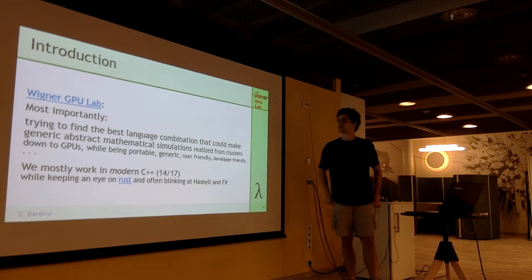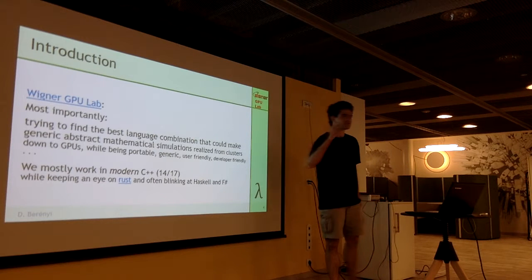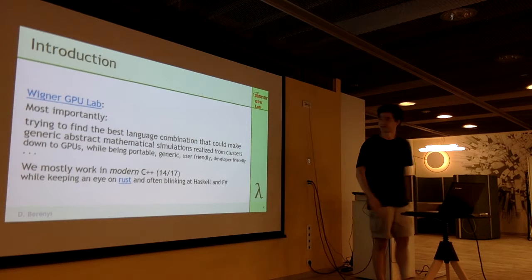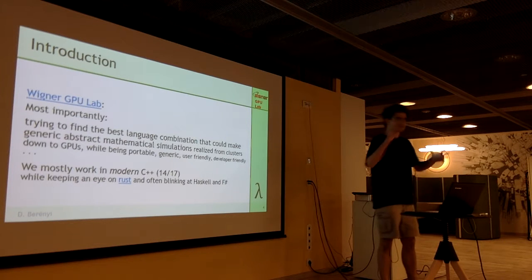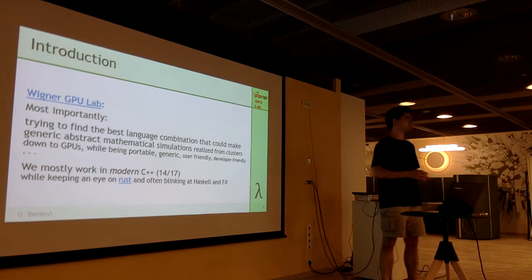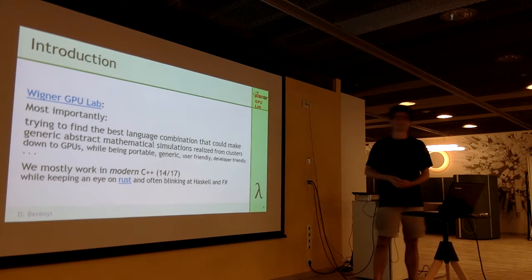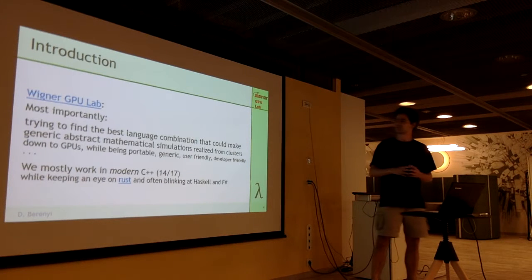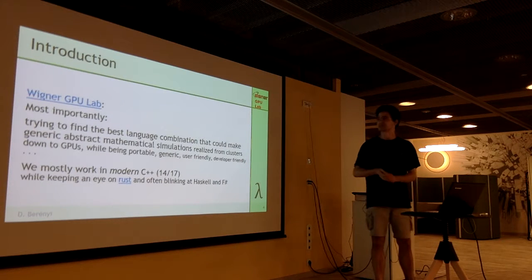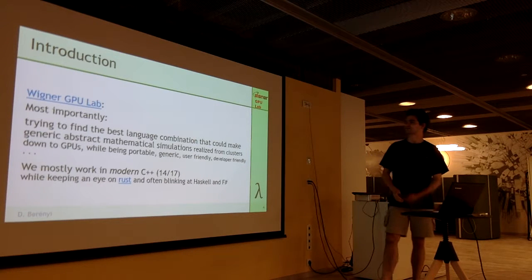Okay, so most importantly, we are trying to find the best language combination of all that is available outside that could support generic abstract mathematical constructs, because physics has really plenty of mathematics behind it, usually implicitly. And we try to formulate it into simulations that could run on clusters, GPUs, and whatnot, because there are many architectures out there.